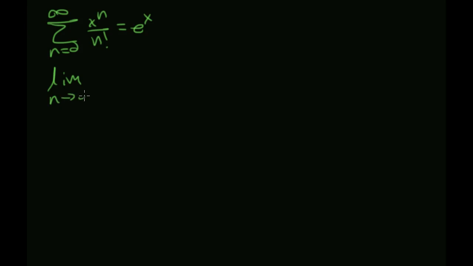So we take the limit as n approaches infinity of n plus 1 factorial over x to the n plus 1 times, oops, that's not right. I got that upside down. It's x to the n plus 1 over n plus 1 factorial times n factorial over x to the n.